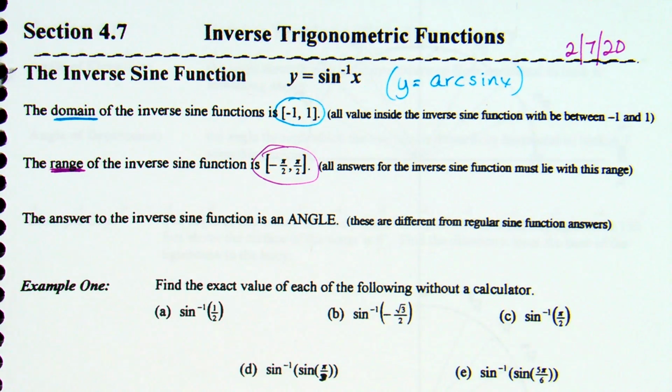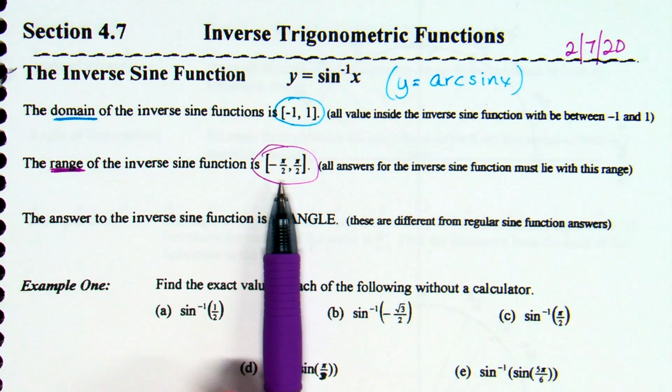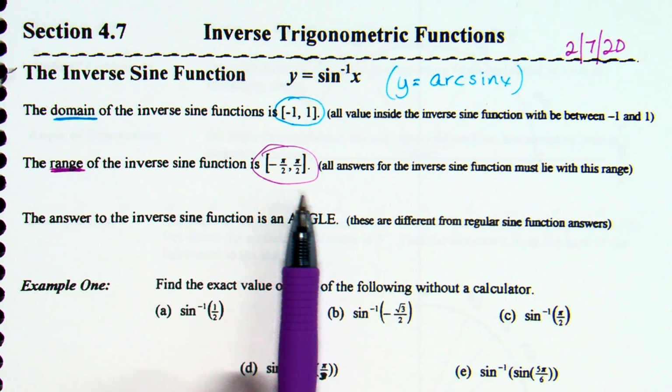However, if we said degrees, that would be equivalent to what numbers? What is negative pi over 2 and positive pi over 2? So 90 and negative 90. Okay, so all of our outputs for the inverse sine function will fall between negative pi over 2 and positive pi over 2. So negative 90 and positive 90. And in case we've forgotten, domain is x, range is y. Correct?